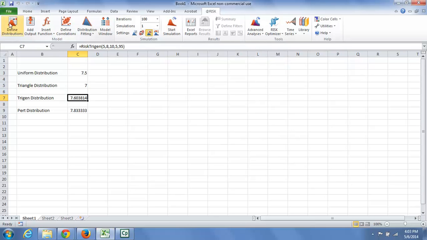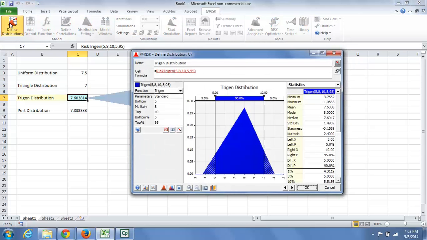@Risk also offers us a distribution called the Trigen distribution. The Trigen distribution is useful because often it is difficult to estimate the minimum and the maximum value with any degree of certainty. When you're working without good data, it's often very hard to estimate the minimum and the maximum.